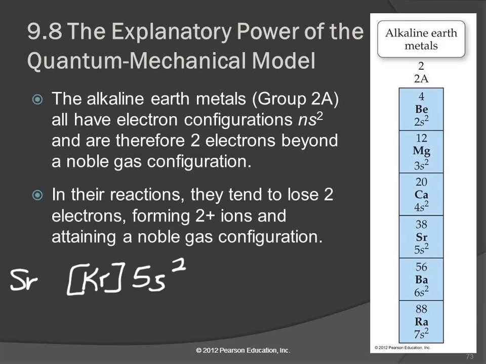So if we got rid of those 2 electrons, then it has the same configuration as the noble gas, but now it's got a 2+ charge. All of these elements form 2 plus ions. Because when they do that, they then, on the outside, look like a noble gas. So, we can say they're dressing for success, or they're dressing to look like a noble gas.